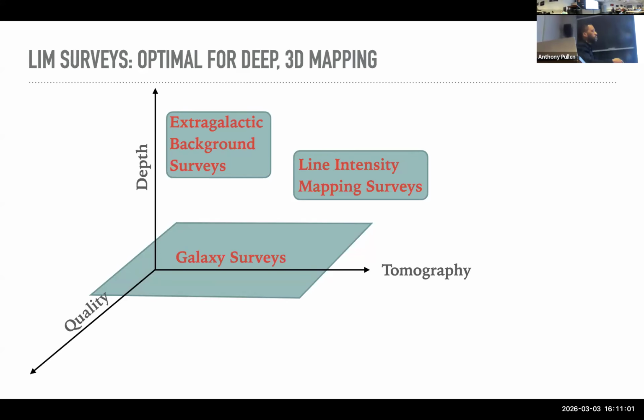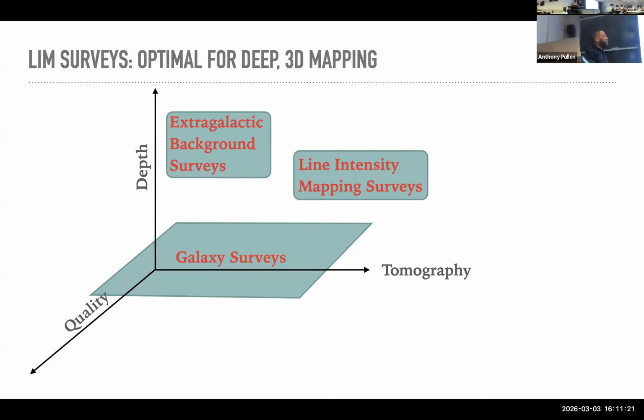However, they have no ability to resolve tomography because these surveys measure the continuum emission of galaxies, and so they don't give you any information along the line of sight for where the galaxies contributing to your signal are.